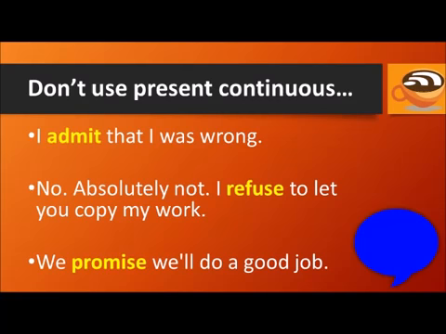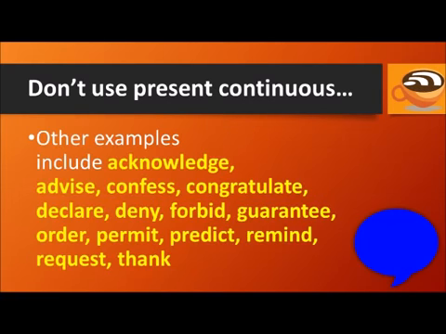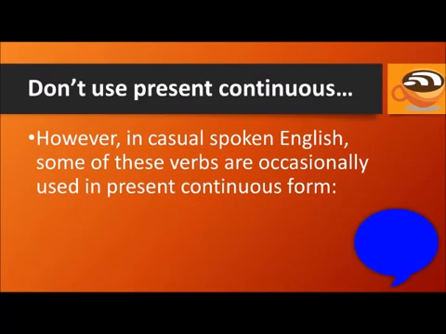We promise we'll do a good job. Other examples include acknowledge, advise, confess, congratulate, declare, deny, forbid, guarantee, order, permit, predict, remind, request, and thank. These verbs are usually not used in the present continuous.